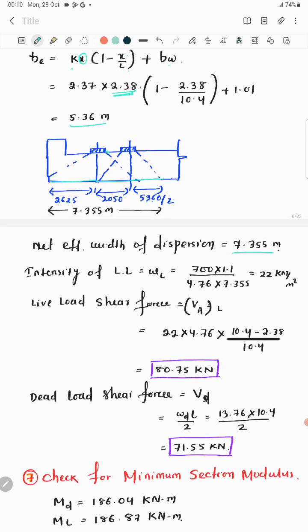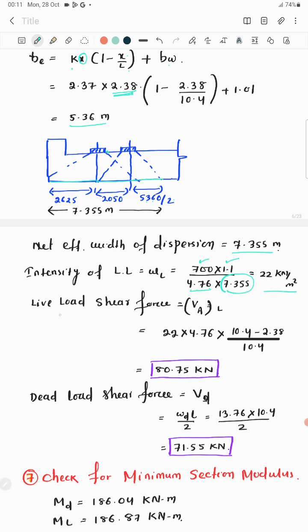Now we can calculate the intensity of live load. It will be the total load, that is 700 into impact factor 1.1 divided by 4.76, that is the load dispersion along the span, already calculated, into the net effective width of dispersion, that is 7.355. So the intensity of live load for calculation of shear, we got 22 kilonewton per meter square.